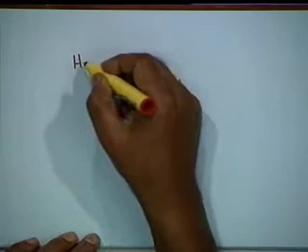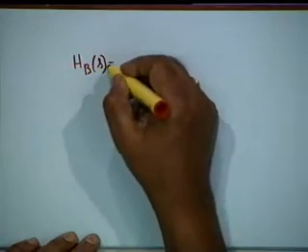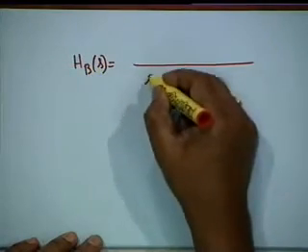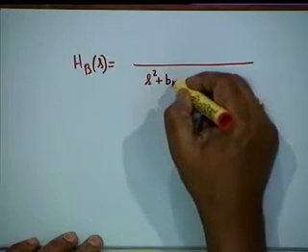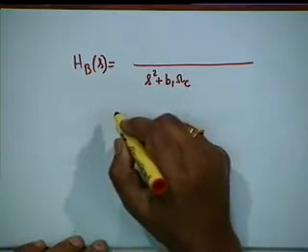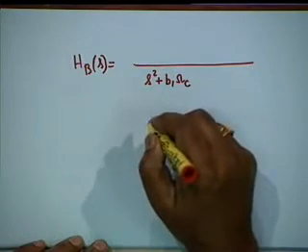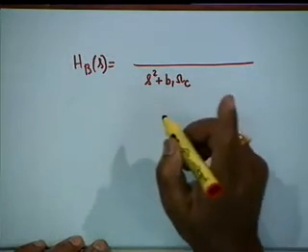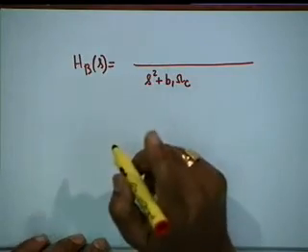H b of s shall be now s squared plus b1 omega c s plus omega c squared, and s squared plus b2 omega c s plus omega c squared. You have to calculate this. Okay? In Butterworth there is another complication. You have to calculate omega sub c, because omega p is given at minus 1 dB.